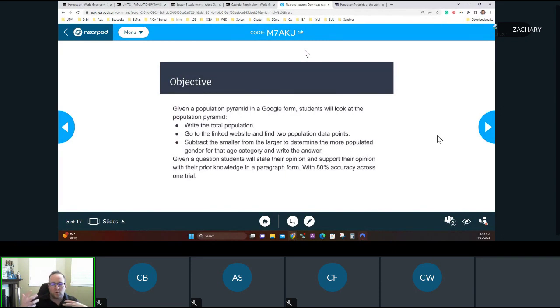Which gender is more likely to be born? It's not actually a 50-50, it's not flip a quarter and you're either male or female. They actually have it so one gender is more likely to be born than another. So there's a bunch of different stuff on there that we'll look at.